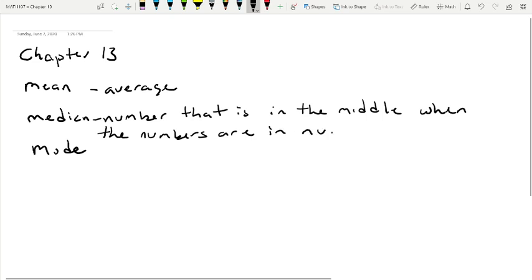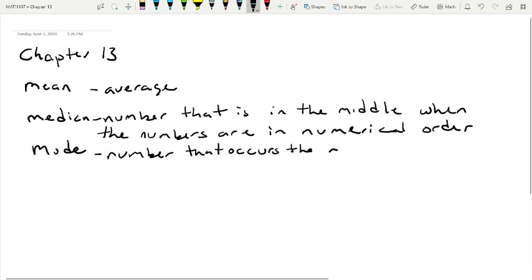So we rewrite the list from low to high. And then the mode is the number that occurs the most. So mean, median, and mode.